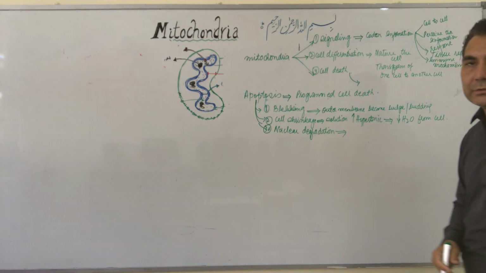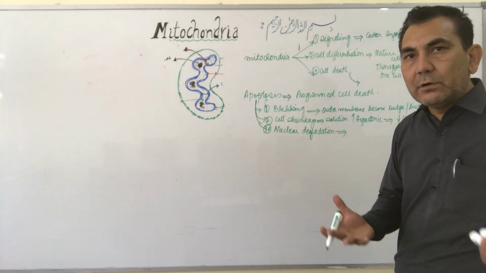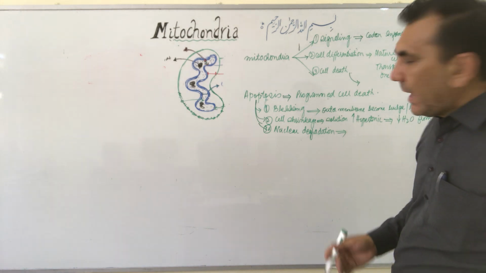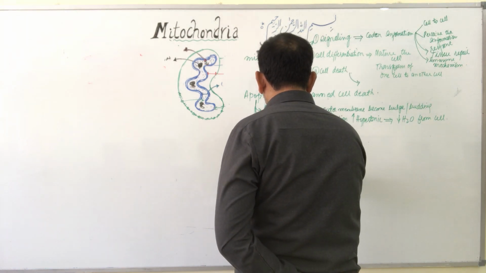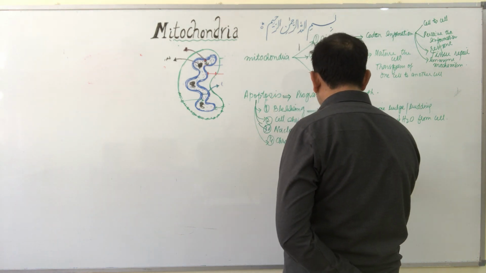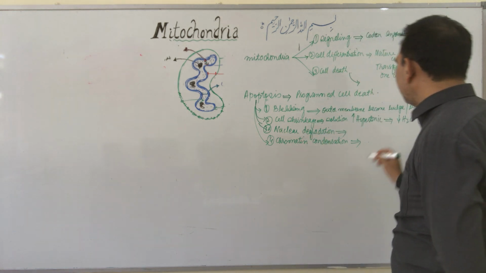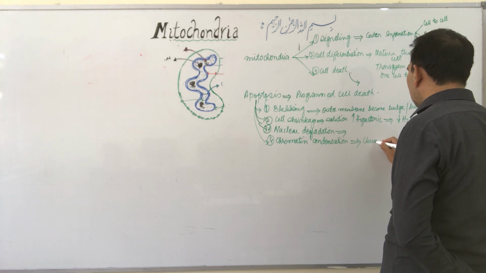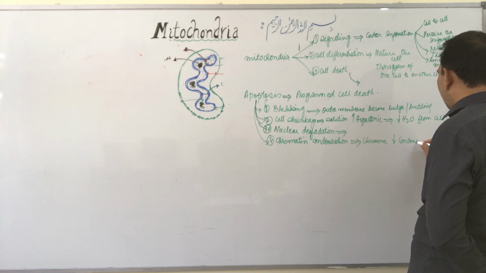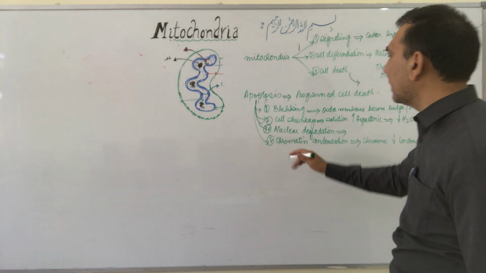In nuclear degradation, the nuclease, an enzyme, degrades the nuclear material of the cell, and the cell degrades and dies. The fourth one is called chromatin condensation, in which the chromatin material, the chromosomes, becomes condensed or compressed, so the cell dies.